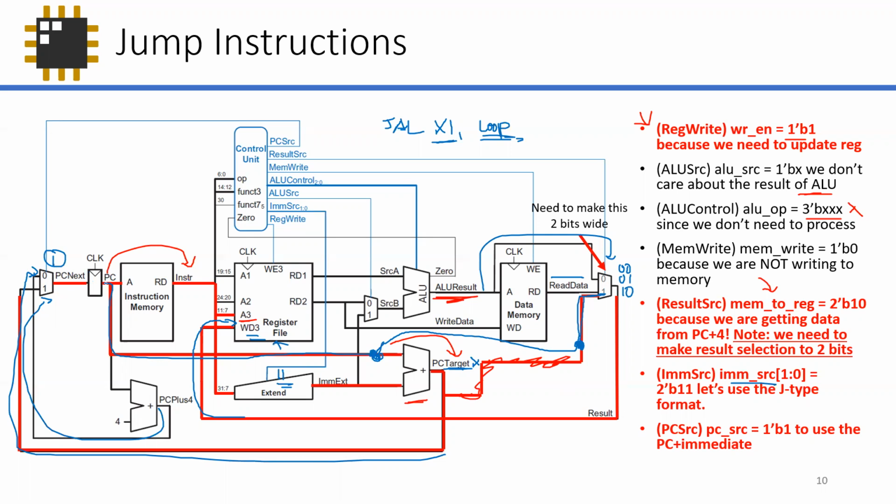So jump is pretty much the same, but you have this extra path to consider. And again, you're storing the current PC, not the new PC target, and this here becomes an additional 2 bits. That's why in your homework, Mads, the one you were asking about earlier, I specified that mem to reg is 2 bits wide to accommodate the jump instruction, which a while ago you were already getting into.